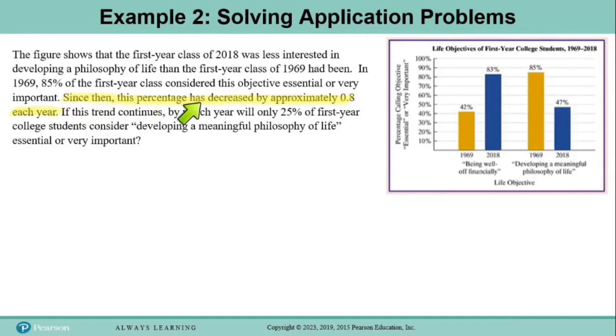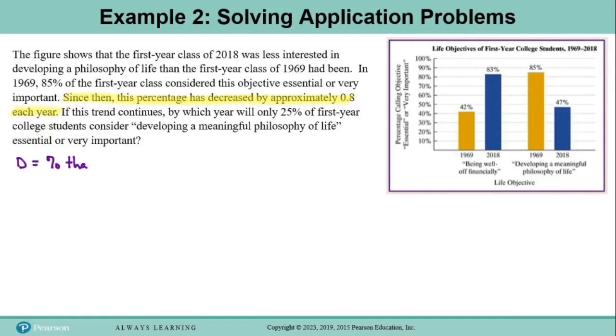So what we can do is use this piece of information to write a little formula, but we need to assign a couple of variable names. So basically, the percentage drops off or decreases by 0.8 for each year. So we need a name for the percentage, and we need a name for the number of years that have passed since 1969.